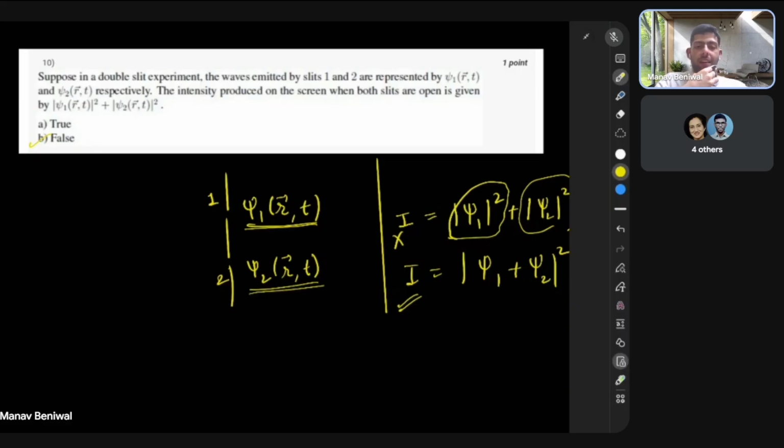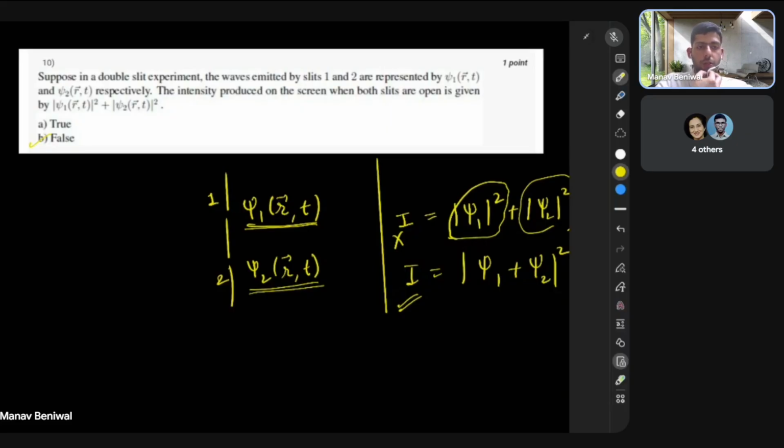Even though we have electrons or other quantum particles going through these slits, we actually do get an interference pattern. So thinking classically, you might think this is the correct way to find the intensity, but it is actually incorrect, both as given by quantum mechanics and as observed in experiments.